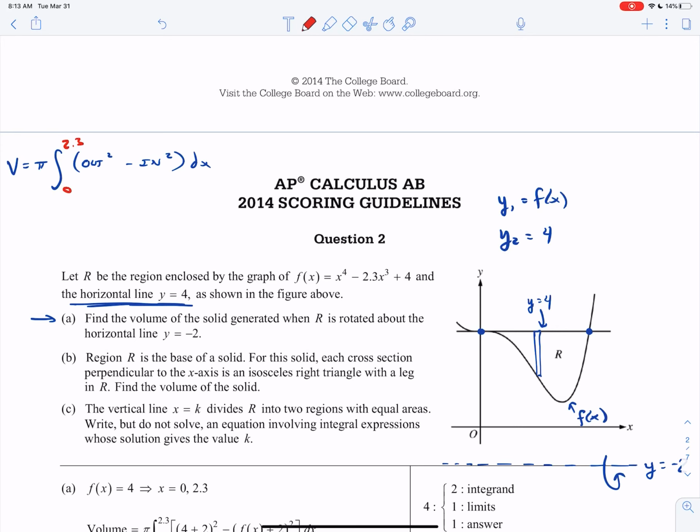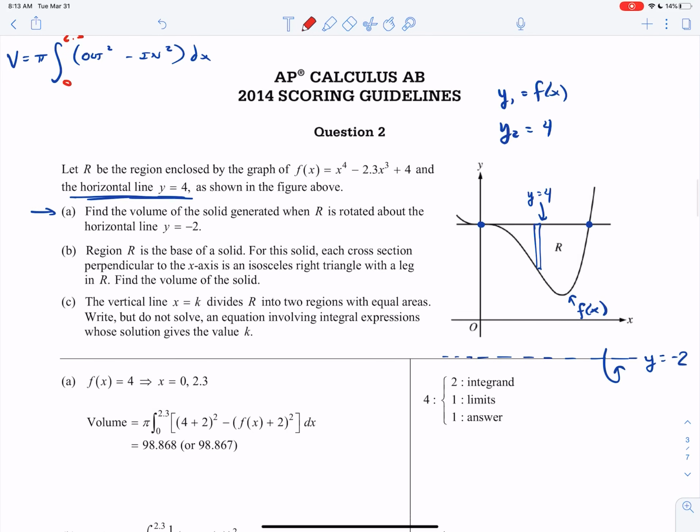Here we go. The outside, remember, you always start from your axis of revolution. Where you're about to exit is your outside. Where you're about to enter or go in is your inside. So here's what we know.